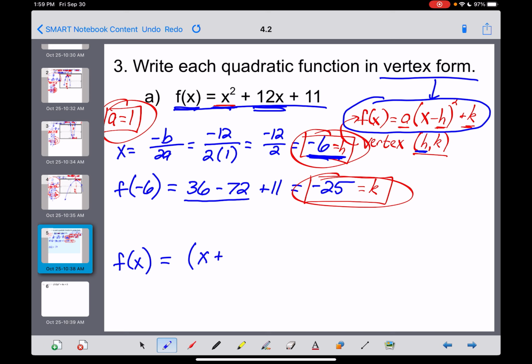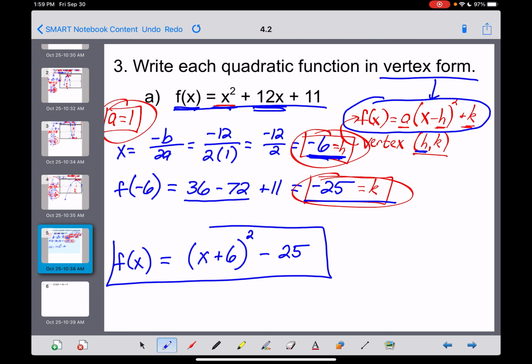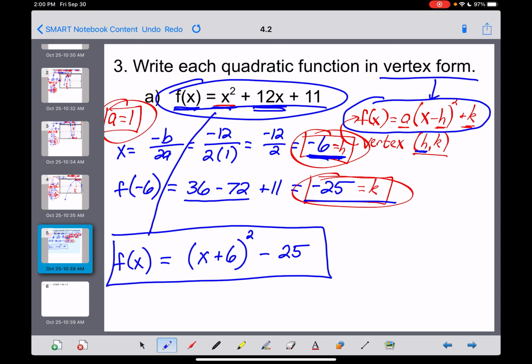Minus negative 6 is plus 6. Close it and square it. So there's your x minus h quantity squared, and then plus k, we'd be adding negative 25 at the end, which is the same thing as just doing a minus 25. So that's what this same original function looks like if we were to put it in vertex form.